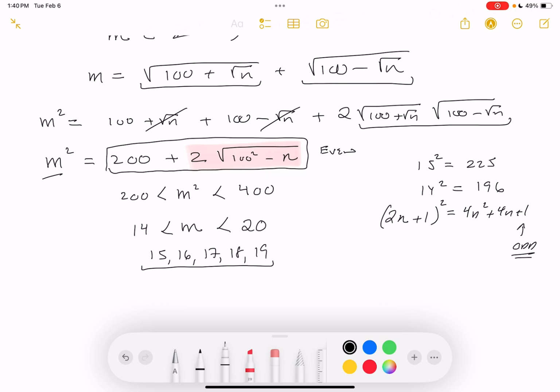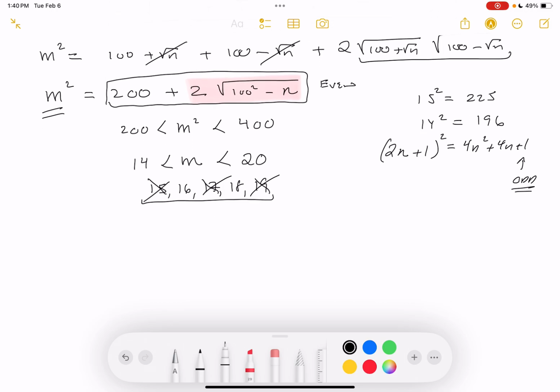So I know m can't be odd. So I throw this out. What other numbers do I throw out? I throw out 17, and I throw out 19. Now I just have two numbers left: m equals 16 and m equals 18. They're two separate numbers.